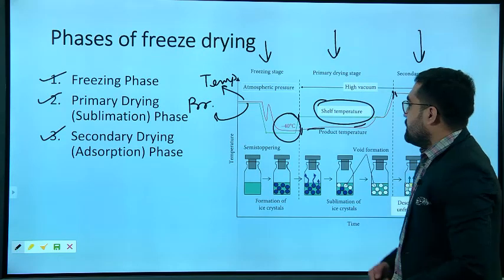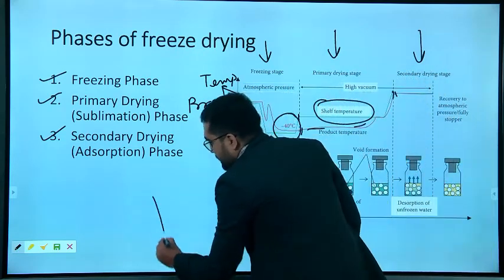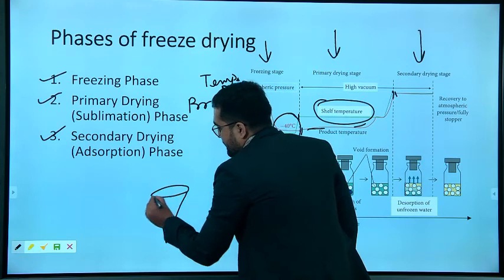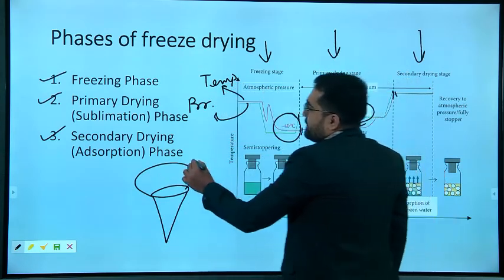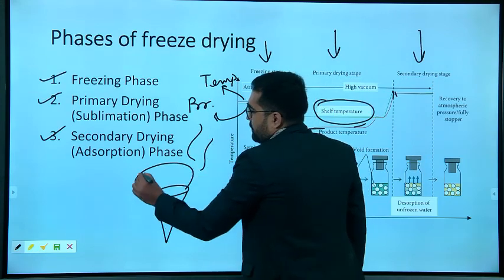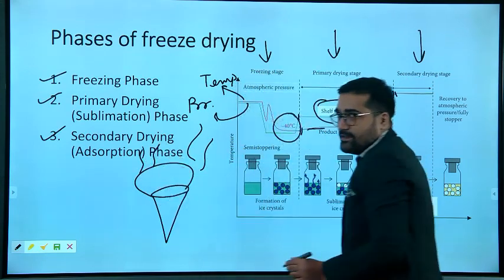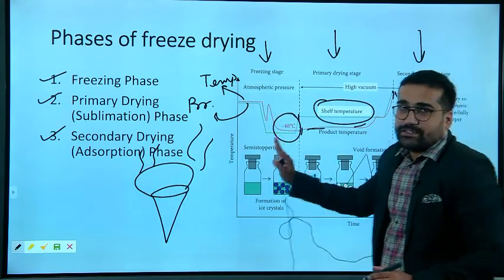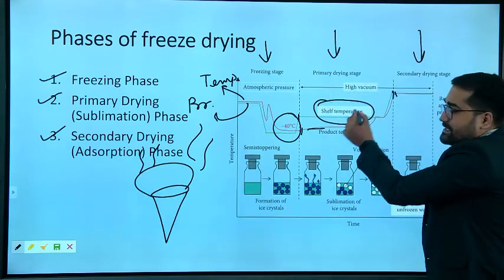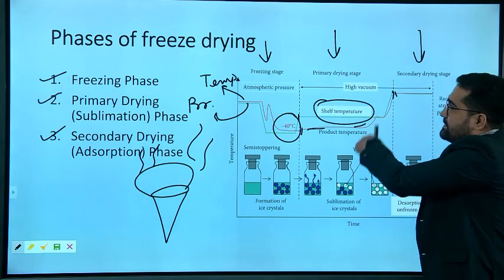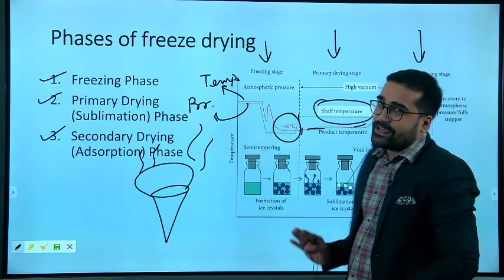The example for this we can understand when we are having ice cream. If you have seen ice cream, you find that vapors are coming up from the ice cream, correct? So, in ice cream, sublimation happens naturally. That sublimation we try to replicate over here in the second stage, which is the primary drying stage.